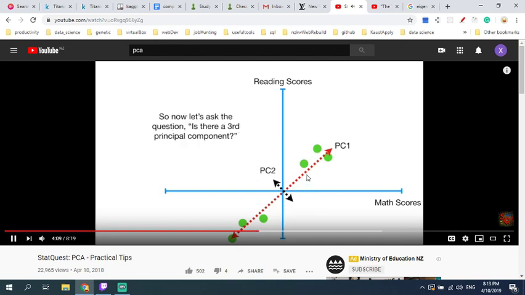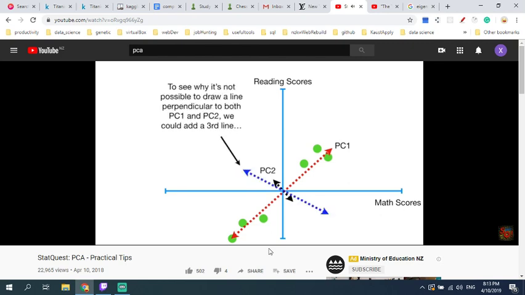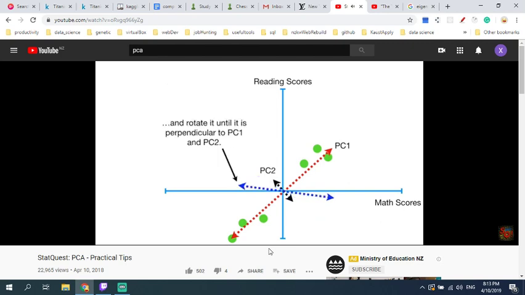So now let's ask the question, is there a third principal component? To find a third PC, we'd need to find a line perpendicular to both PC1 and PC2. And in 2 dimensions, that's not possible, so the answer is no. To see why it's not possible, we could add a third line and rotate it until it is perpendicular to PC1 and PC2.